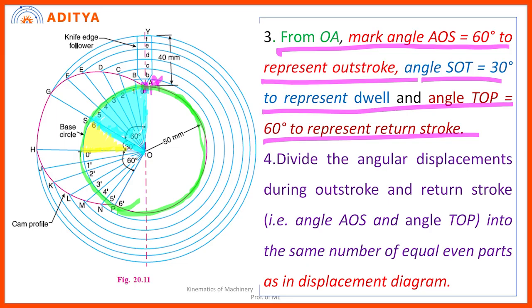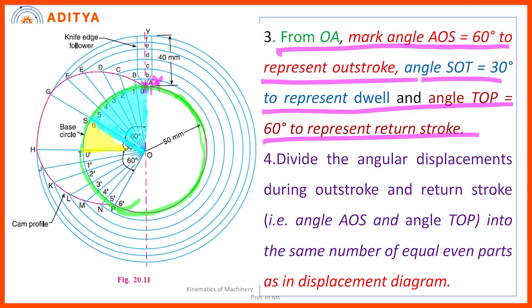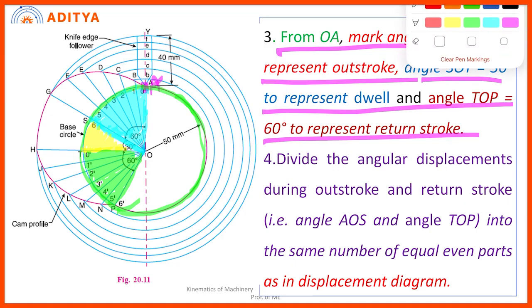Next again another 60 degrees we are having return. So this part is return, right. So we need to identify some salient points here.